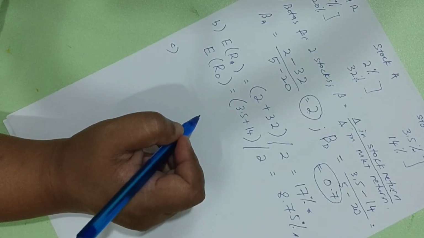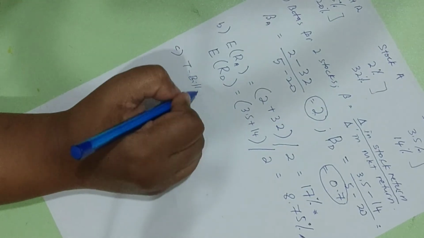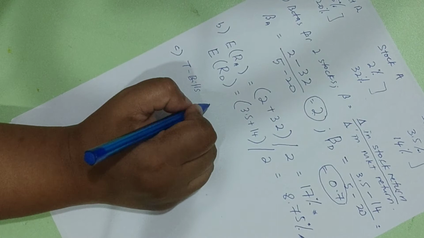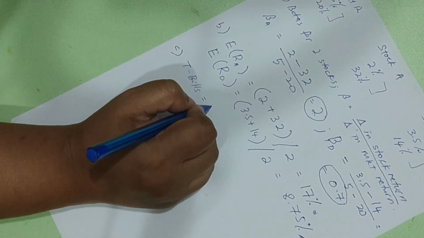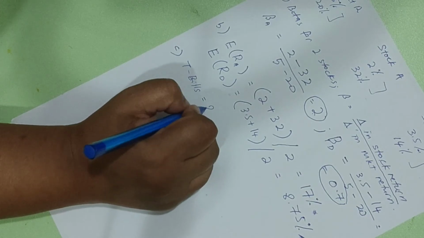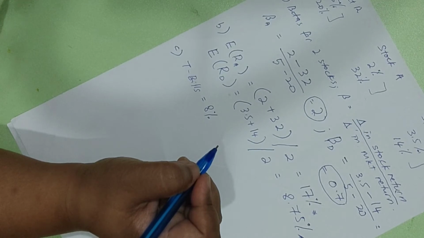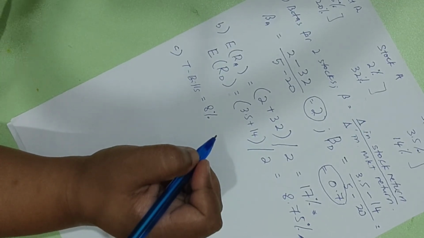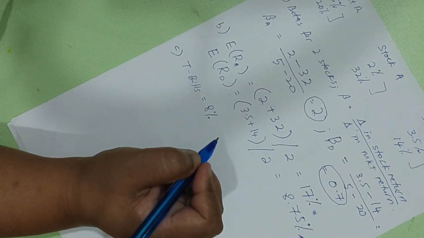If the T-bill rate is 8%, T-bills is basically a risk-free asset, and it is given that its return is 8%. The market return is equally likely to be 5% or 20%.